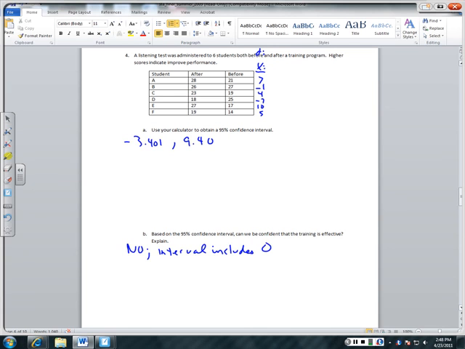Okay, so now let's say we were going to do this by hand. The confidence interval would be the sample mean plus or minus 2 times the standard error, which is s divided by the square root of n. So to get the sample mean, we're going to add these numbers up and divide by the sample size.